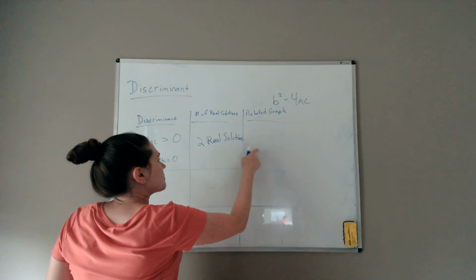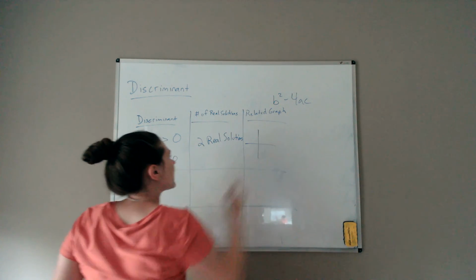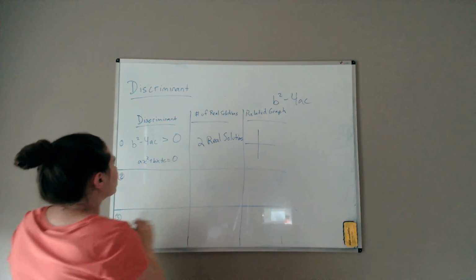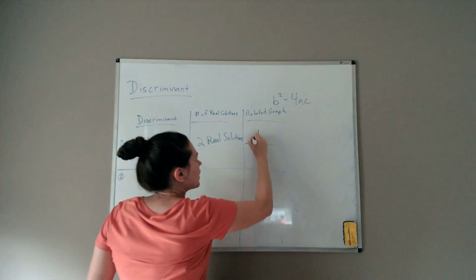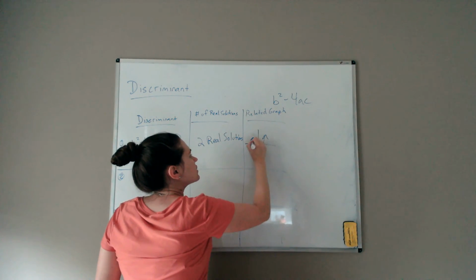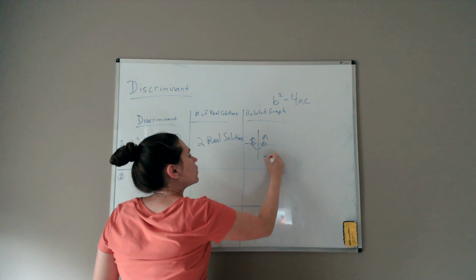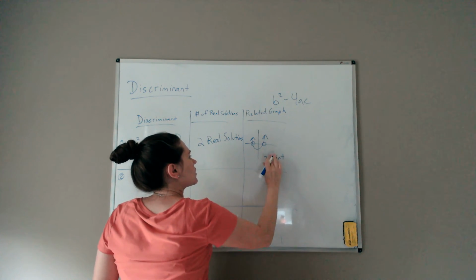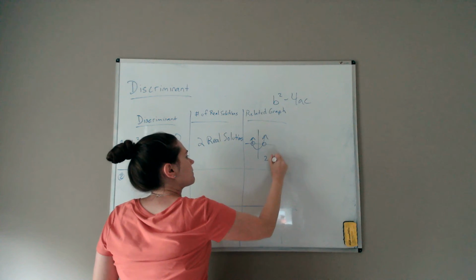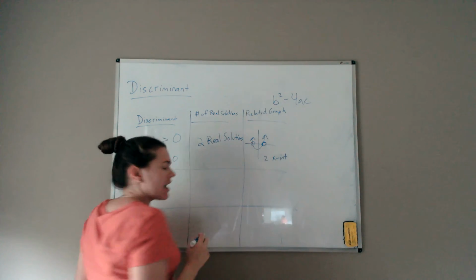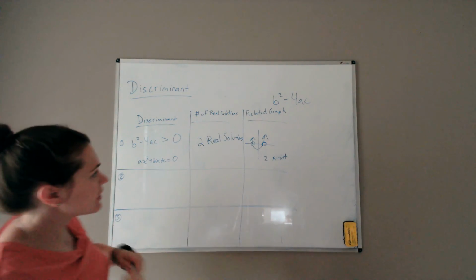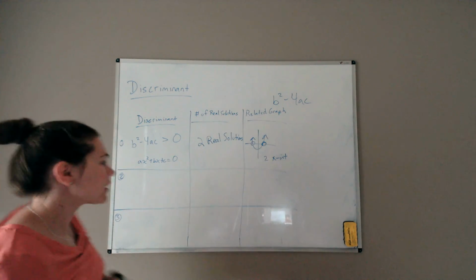Graphically, what that means is, if you were to graph ax squared plus bx plus c, if you get 2 real solutions, that means that you have 2 x-intercepts. You don't know where the x-intercepts are yet until you completely solve, but it means you have 2 x-intercepts.